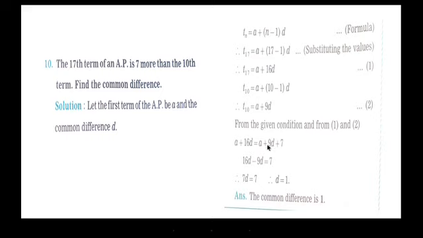Okay, so here A and A, when we bring it on one side, it will become A minus A, that is 0. So that term A will get eliminated. So we have 16D minus 9D is equal to 7. So subtracting we get 7D is equal to 7. That means D is equal to 1. Okay. So the common difference is 1.